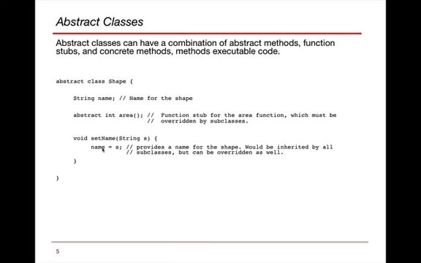And this is the actual concrete code. So the circle class and the rectangle class from the slide before would now have accessible to them this set name method, which they could use. It could be overridden if the programmer wanted to, but in this case it is providing at least one of the methods. So abstract classes allow you to have a combination of both abstract methods as well as concrete methods.